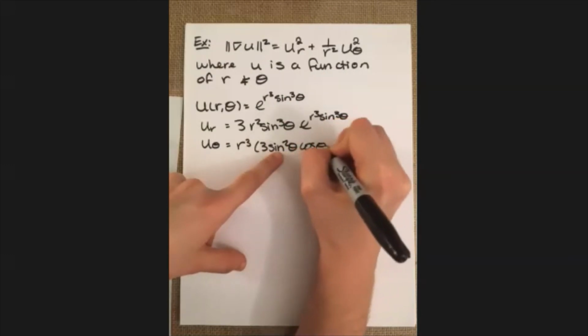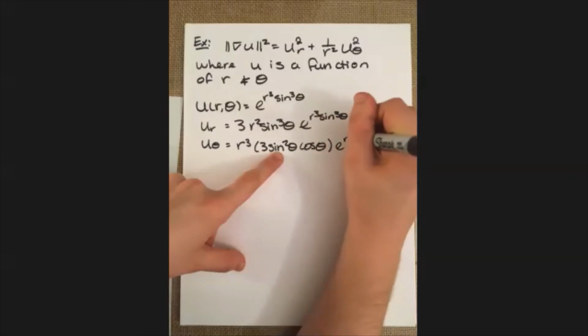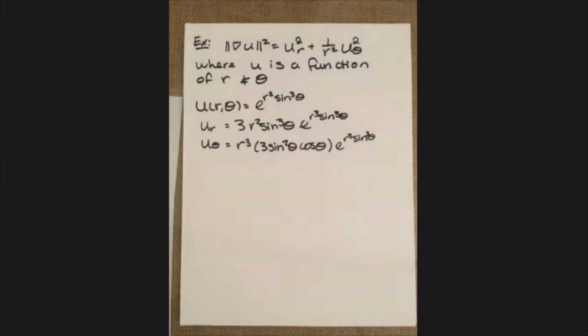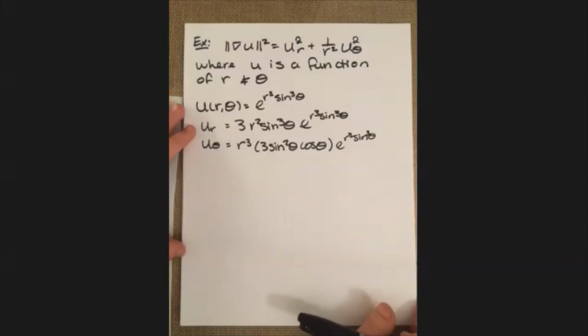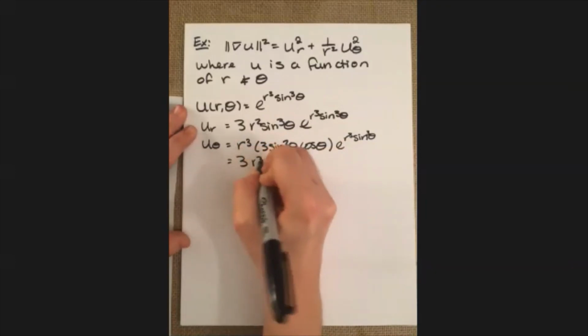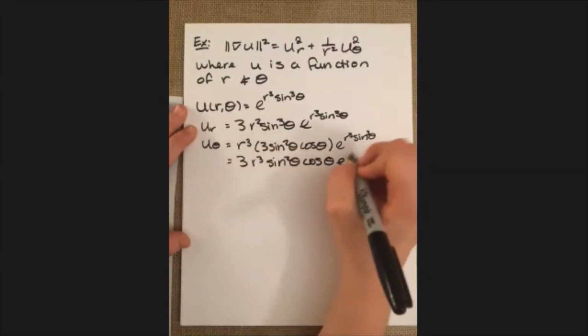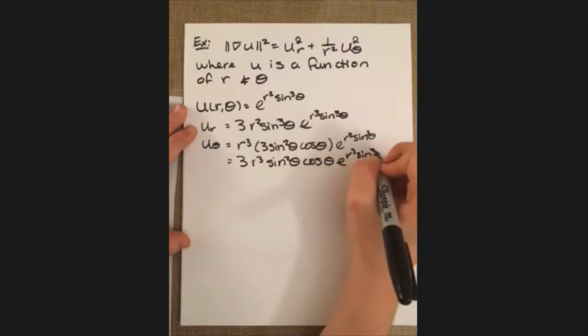So cosine theta there, and then we still have e to the r cubed sine theta, and that's cubed too. Let me clean that up just a little bit: 3r cubed sine squared theta cosine theta e to the r cubed sine cubed theta.